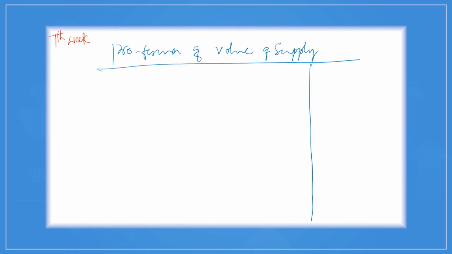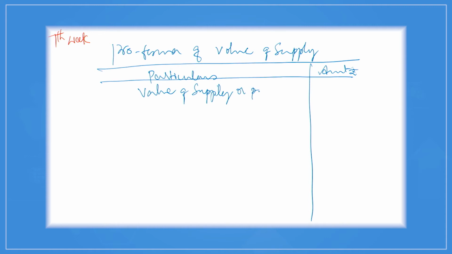Proforma for determination of value of supply. Let us know about determination of value of supply with the help of a proforma. Proforma of value of supply. Particulars, amount, rupees. For determination of value of supply, the base point is value of supply, or price paid.